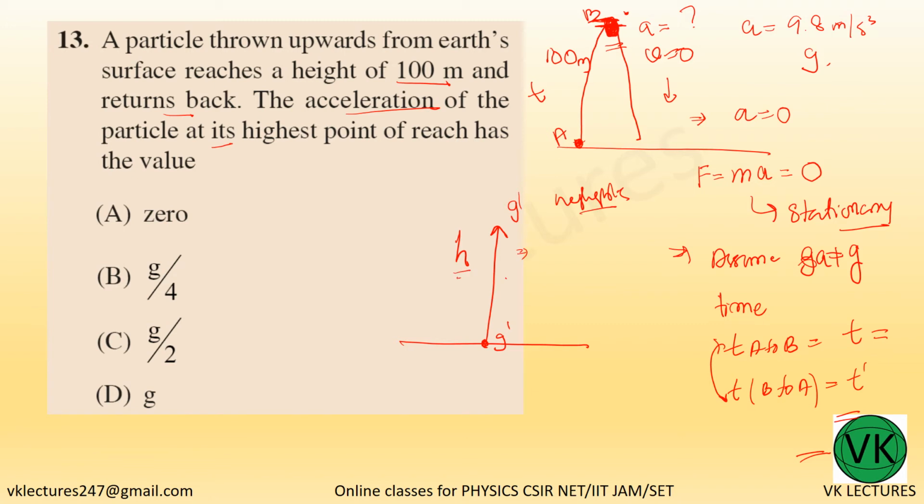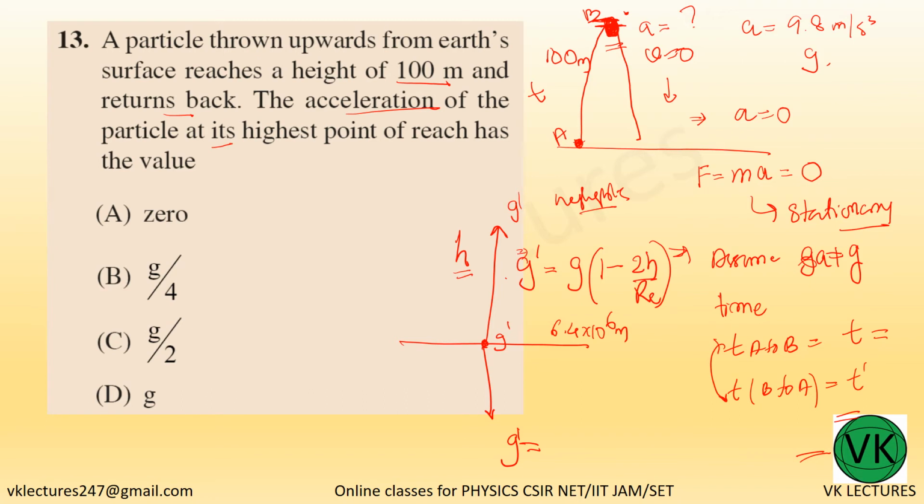Now as you go down into the earth, there is also a change in acceleration. If you go up, the acceleration g dash is equal to g into (1 minus 2h divided by Re), where Re is the radius of earth, around 6.4 into 10 to the power 6 meter.